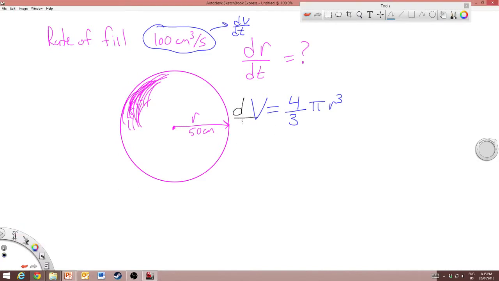So d/dt, and we'll take this d/dt. And it'll give us the following. Derivative of volume is just dV/dt. Derivative of the radius with respect to time is going to be 4/3 pi. Derivative of r cubed will be 3r squared, and then we have a dr/dt.